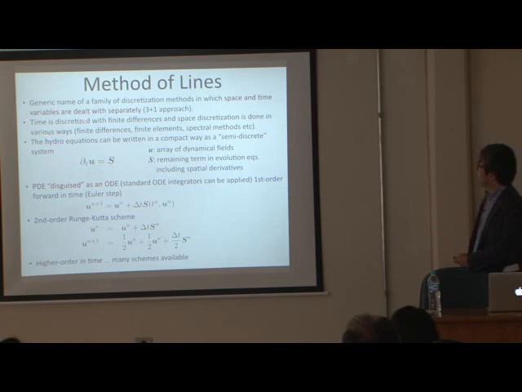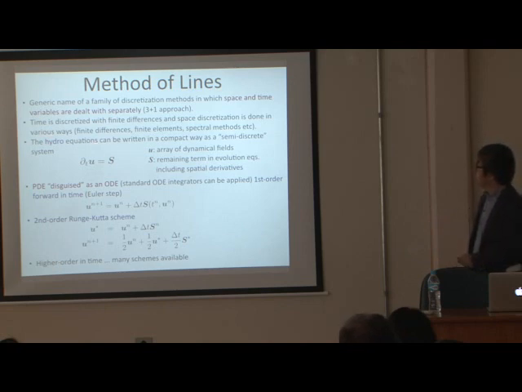Time is discretized with a finite difference, and space discretization is done in various ways, using finite difference or finite element or spectral method or other things. So the method of lines allows the time evolution part and the spatial derivative part to be considered separately. So we can apply any kind of method mixed into the calculation.